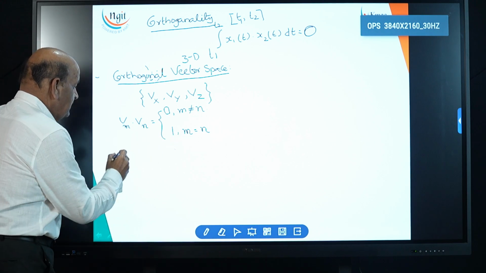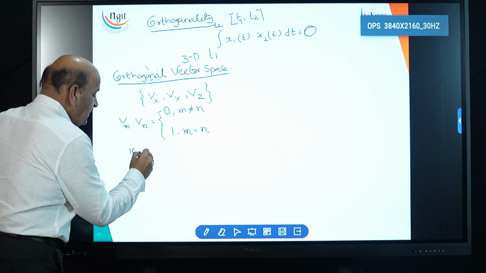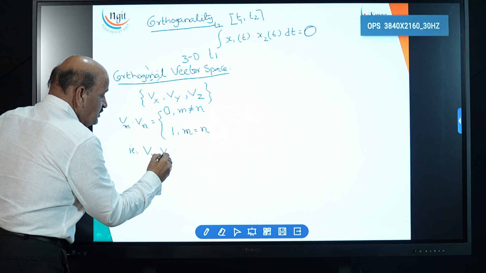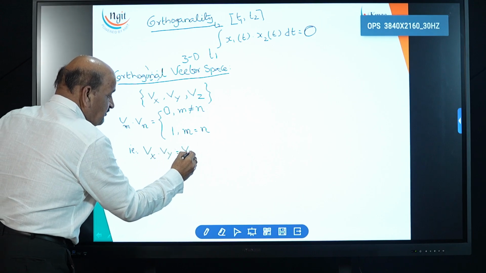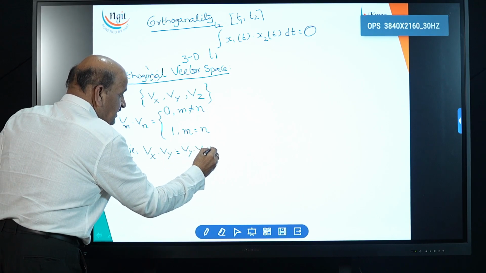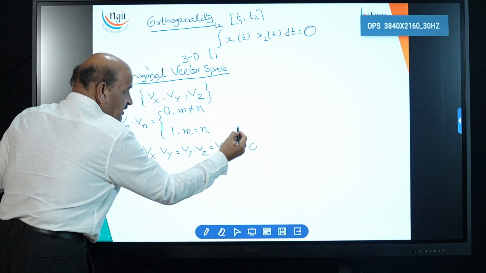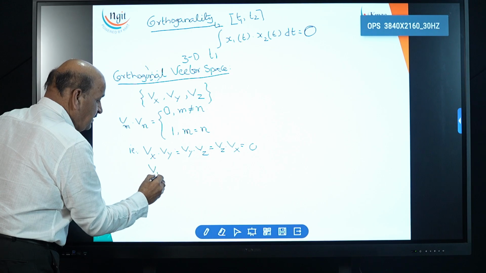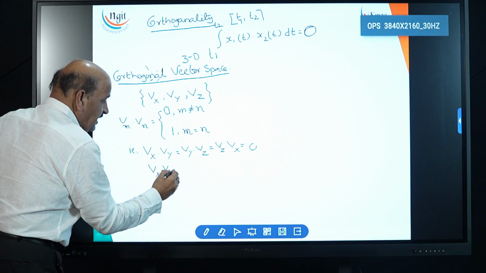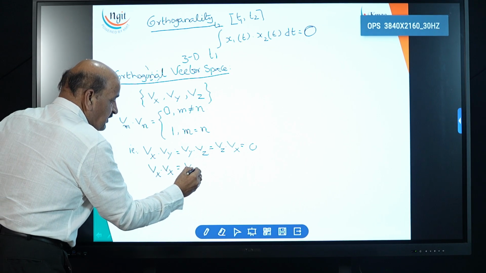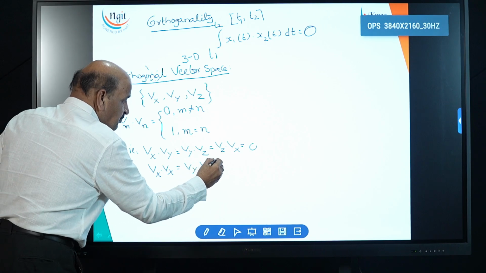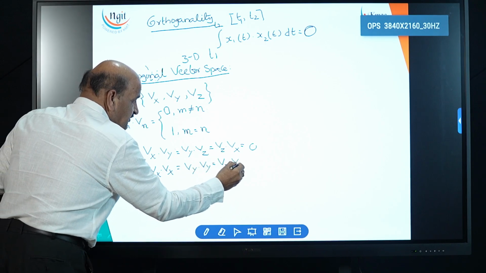That means the product of v of x with v of y, v of y with v of z, v of z with v of x, all are zeros. Similarly, multiplying v of x with v of x, v of y with v of y, v of z with v of z is equal to 1.